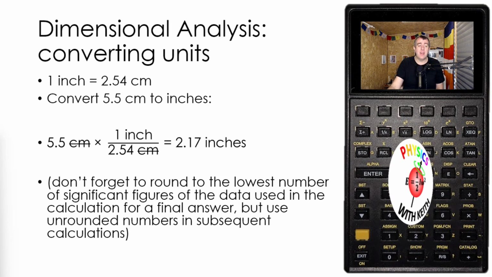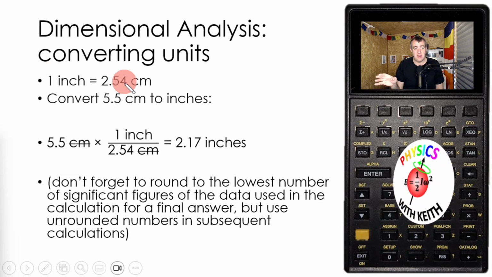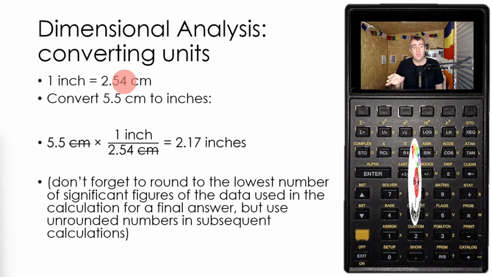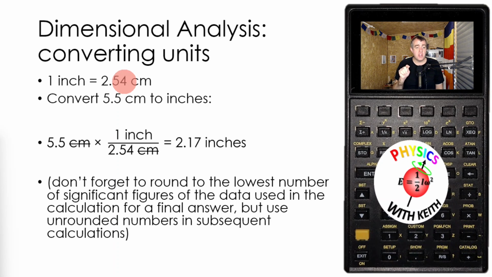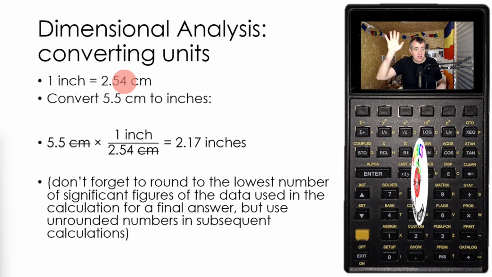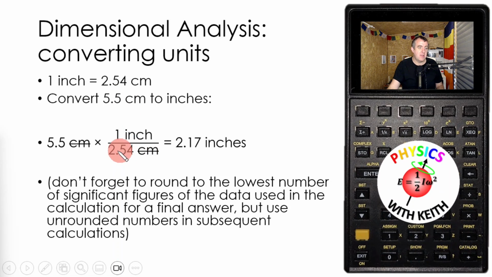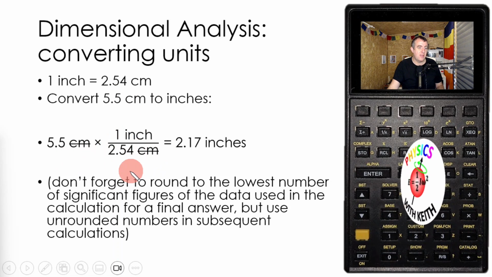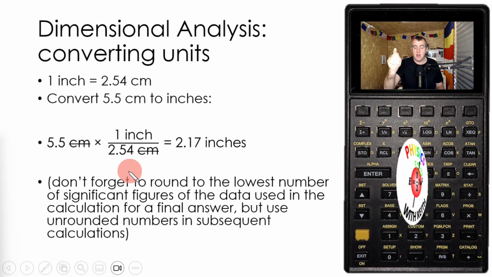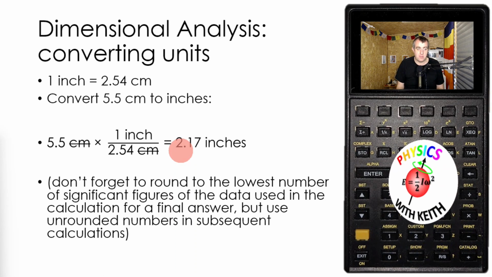Well, we have said that 1 inch is equal to 2.54 centimetres. Which means that 1 inch divided by 2.54 centimetres is equal to 1. Great, let's times by 1 inch divided by 2.54 centimetres. Now the centimetres cancel, and I am left with 2.17 inches.